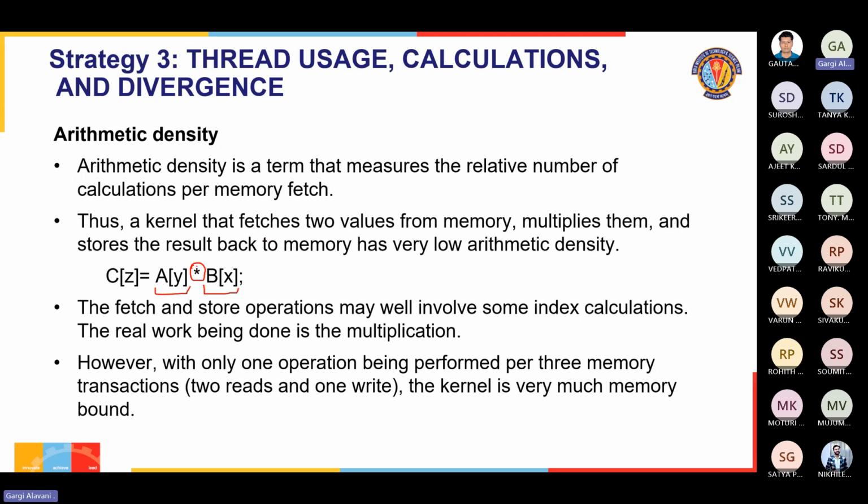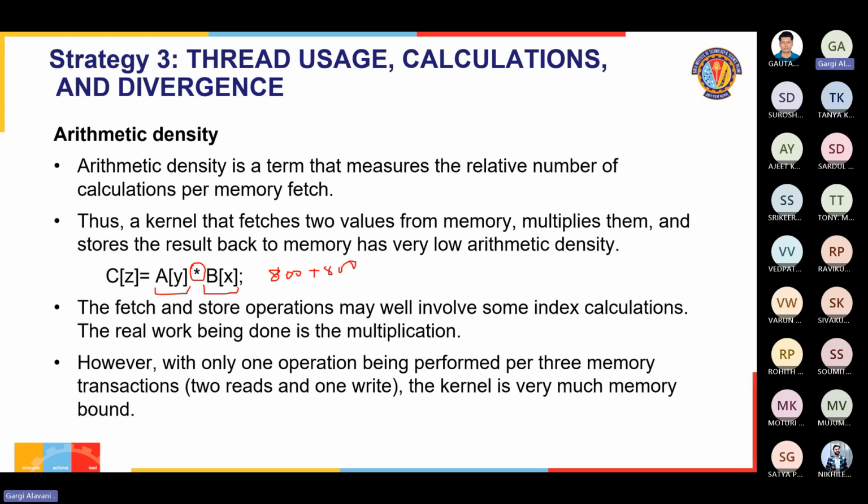So here the arithmetic density becomes very low, because 2 fetches, if they are from global memory, might take around 800 cycles each. So 1600 cycles are spent to fetch this data. And how much time will your multiply take?